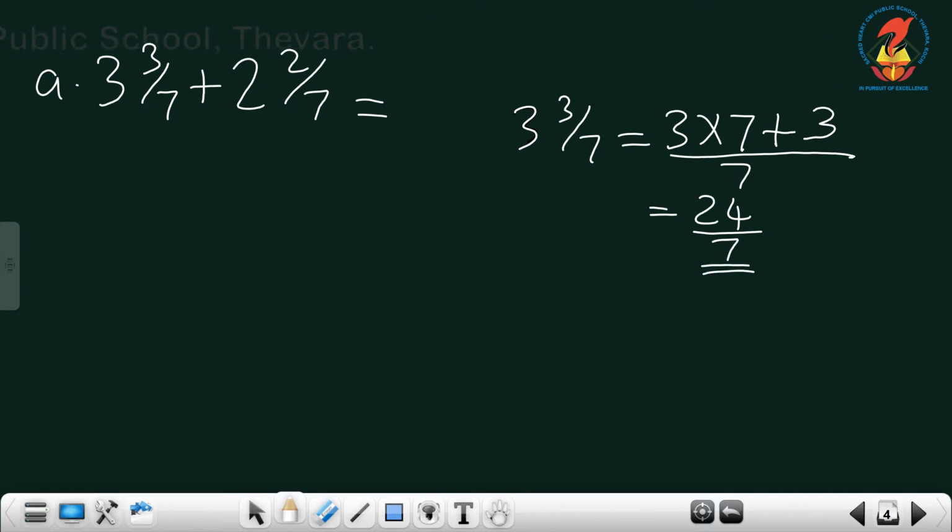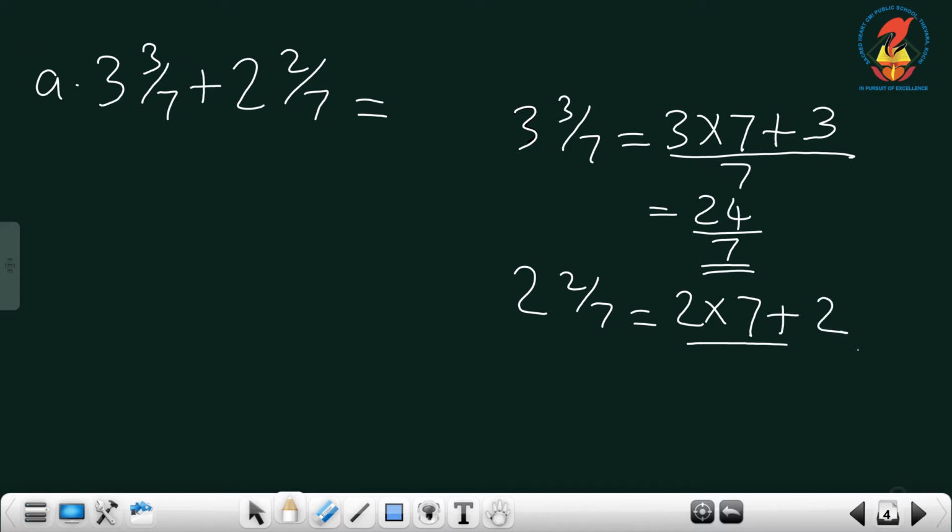And the next one is 2 and 2 by 7. Whole number into denominator, 2 into 7 plus 2, divided by 7. The denominator is the same. 2 7s are 14, 14 plus 2 equals 16, so 16 by 7.